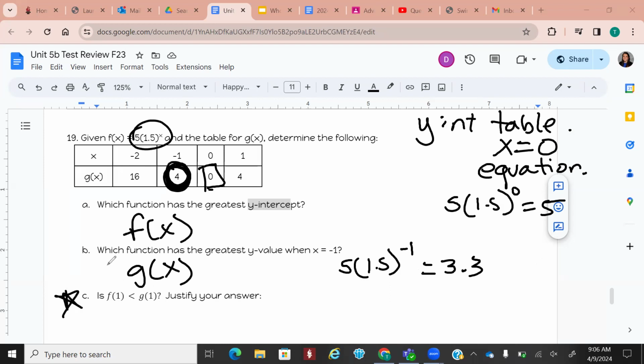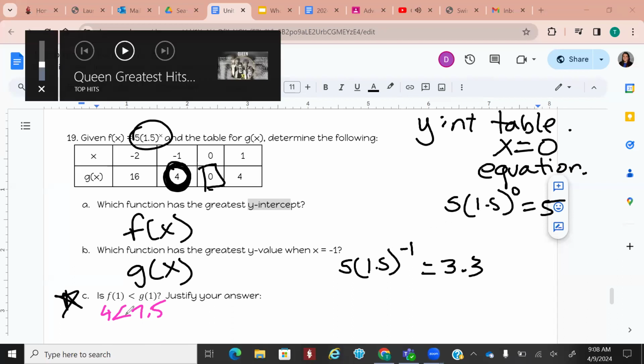Can you answer part C? All right. So what I got was 4 is less than 7.5. Is that a true statement? Yes. Okay. The reason why I got that is from the table, when x was 1, y was 4. And then we could plug in 1 into the equation.